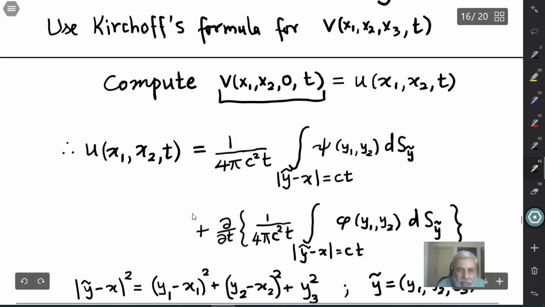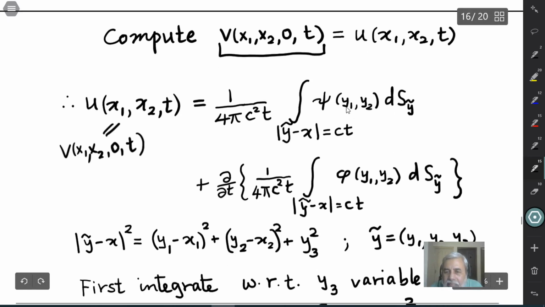Let me again stress that this is nothing but v of x1, x2, 0, t. So this is a surface integral in 3D, over this sphere, and as the integrand, this psi of y1, y2. Just observe this one: it does not depend on y3.